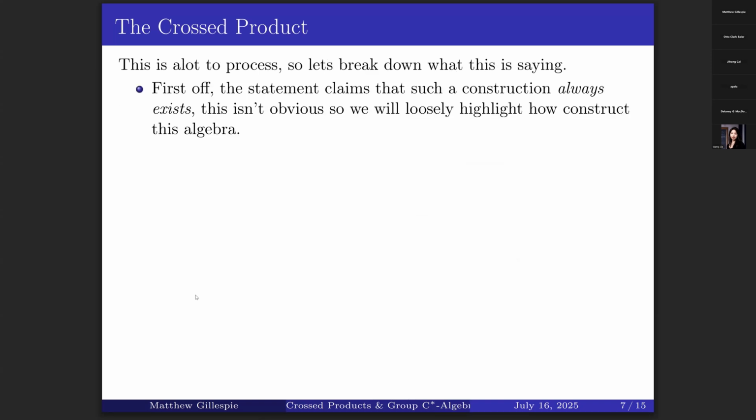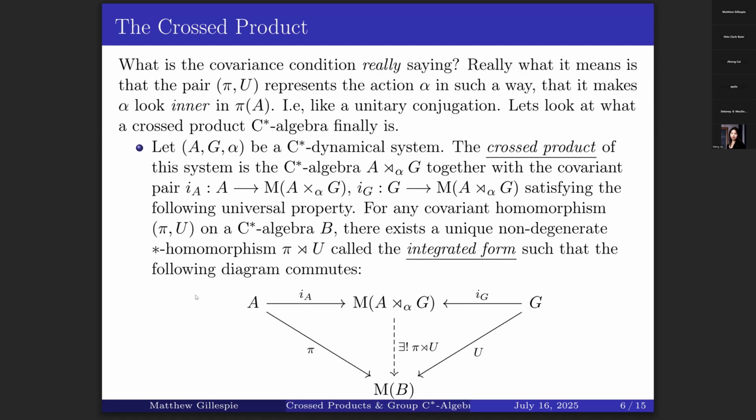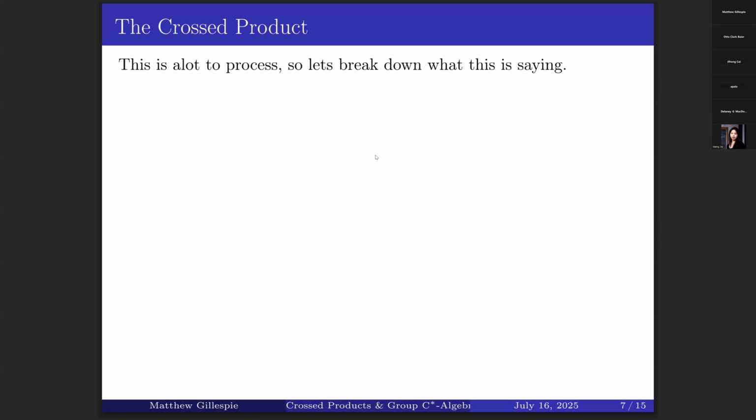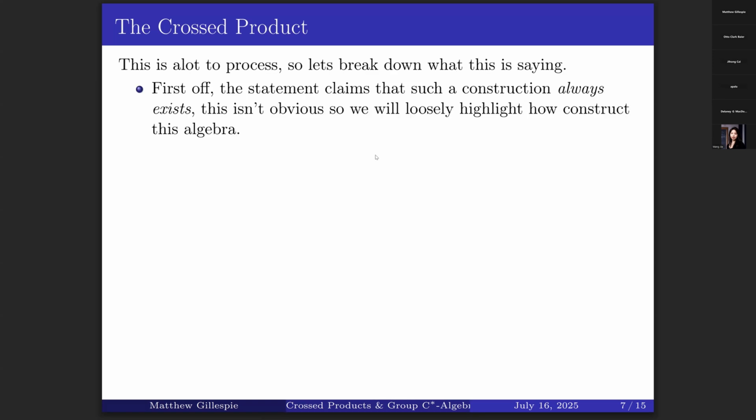First of all, I want to mention that I'm basically just saying, without any proof, that this thing always exists, that the cross product of this system is this C-star algebra A cross G. We need to actually show that such a construction always exists for the universal property to make any sense. That's not trivial, and that's not clear from what I'm saying here. So suspend disbelief for a moment.